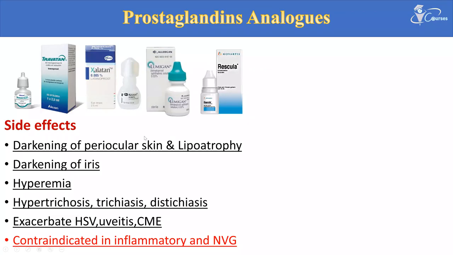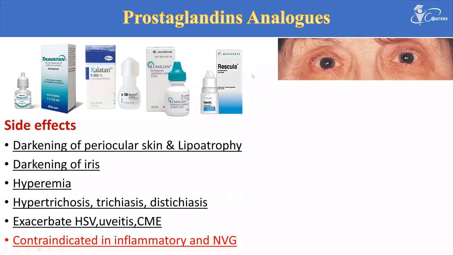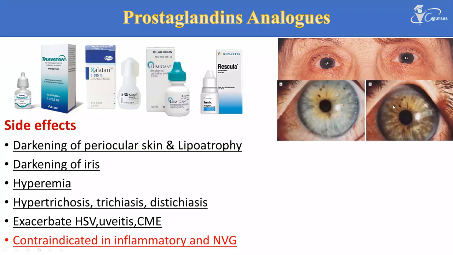The side effects of these drugs are very commonly asked in the exams. First of all, darkening of the periocular skin and lipoatrophy. You see the skin around the eyes is darkened and there is atrophy of the orbital fat. It could be darkening of the iris.